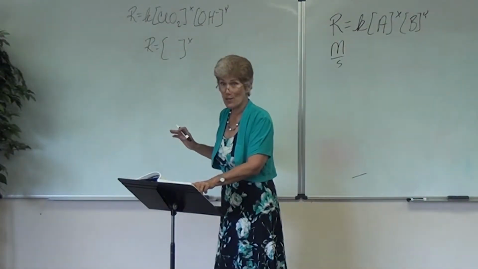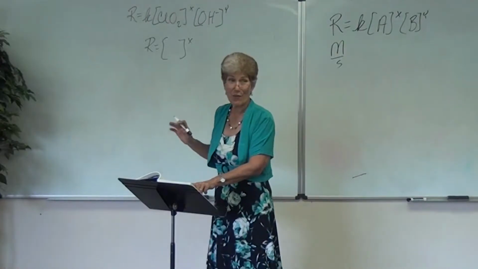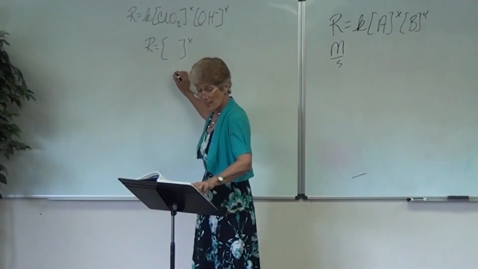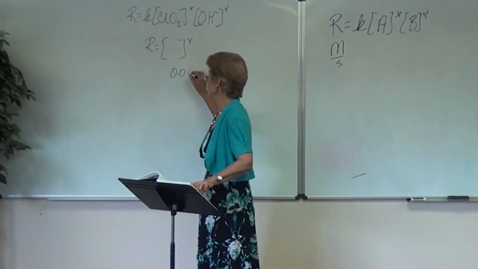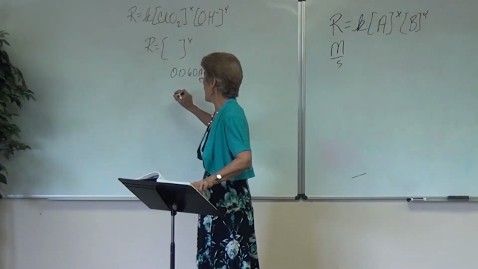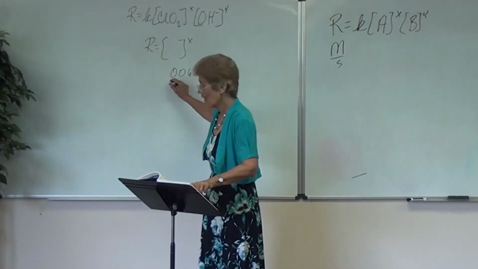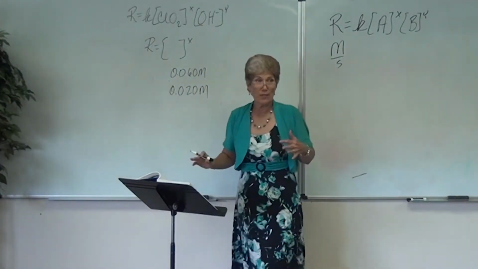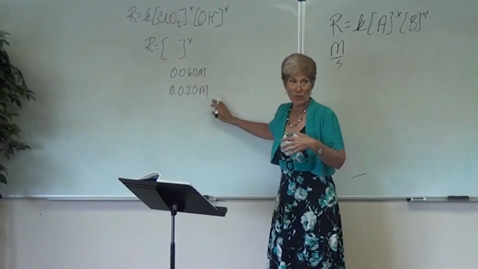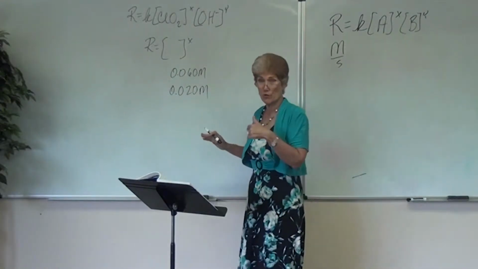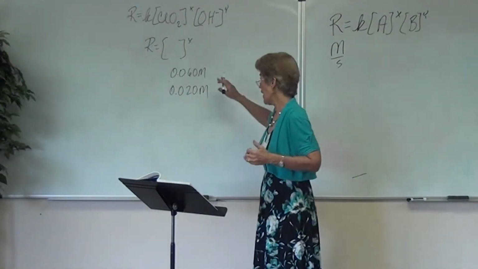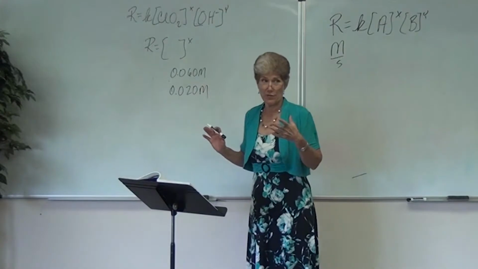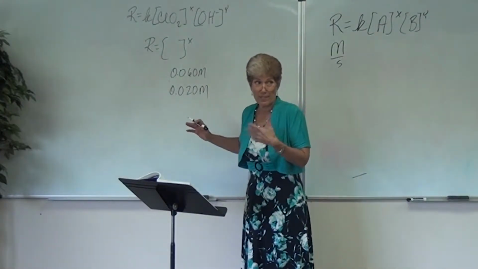Now, notice when you go to 1 and 2, the first one is 0.060 molar, and the second one is 0.020 molar. Normally, he goes from a smaller one to a larger one. Here, he's got it reversed. And so if you try to do it this way, it gets confusing. But if you go ahead and just flip-flop them, it's no problem.